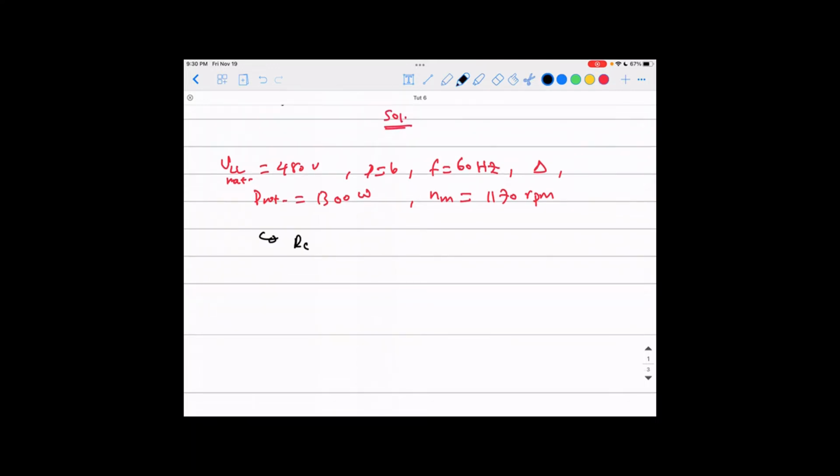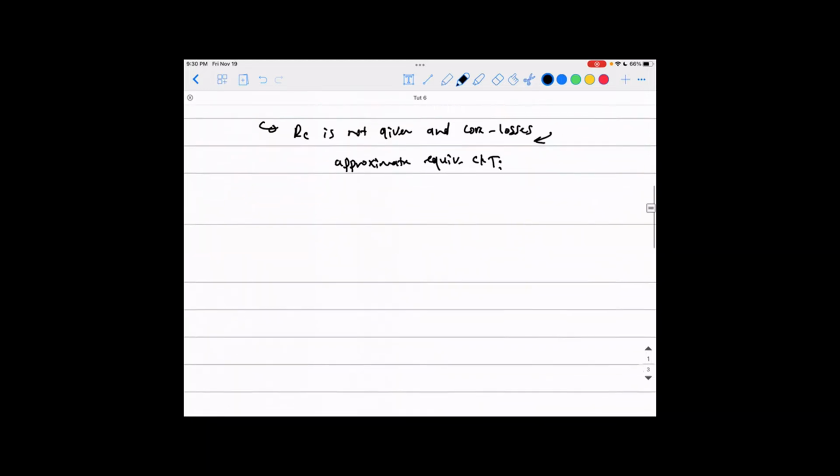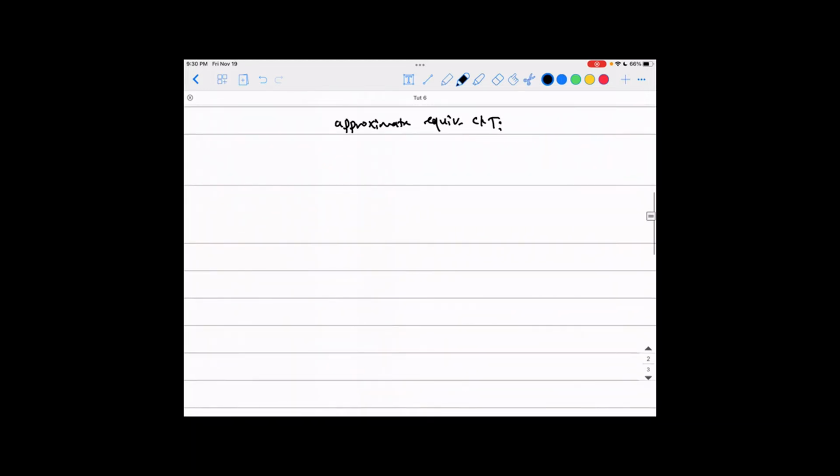Because RC is not given and core losses also, he didn't give you any idea about the core losses or the RC, which represents the core losses. That means we are dealing with the approximate equivalent circuit, and it's very important to specify which kind of circuit you're dealing with before you jump into anything.